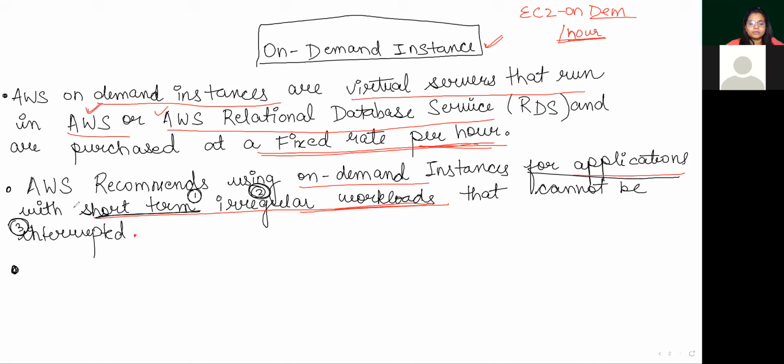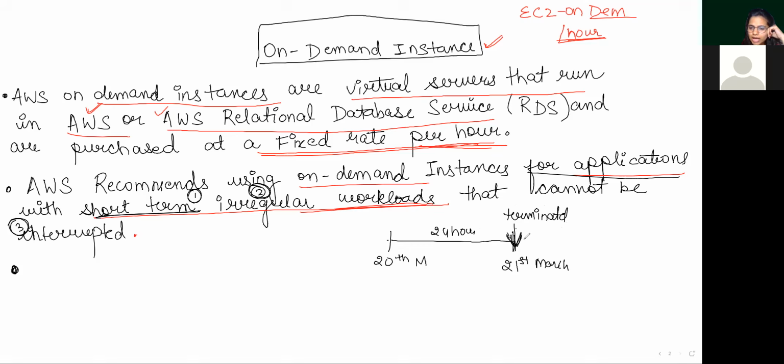And if I stop my instance, are they not going to charge me, or will they still charge me for hours? Actually, say you have started your instance on 20th of March and you are using it, say 24 hours have been done, and on 21st March you have terminated your EC2 instance.